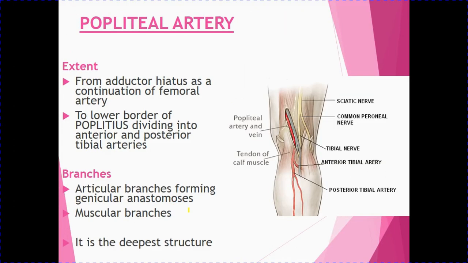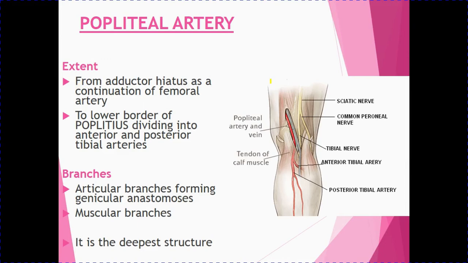The first content is the popliteal artery. Now you remember the femoral artery? This is a continuation of the femoral artery. What happens? The femoral artery enters into the adductor hiatus and changes its name to the popliteal artery.